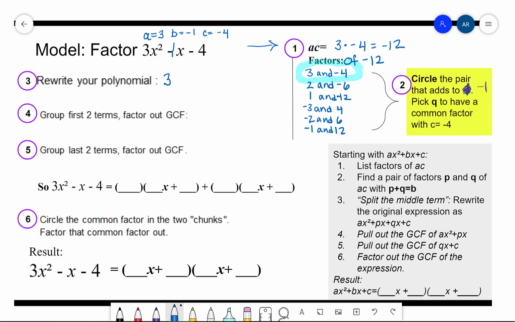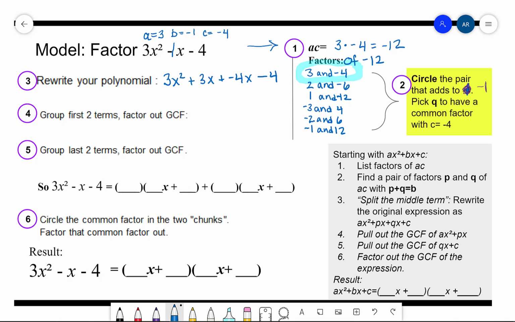So I'm going to rewrite it as 3x squared plus 3x plus negative 4x minus 4. You could choose to just write this as minus here. I think sometimes it's easier, though, to leave the negative coefficient on the term. Now, you may be asking yourself, why did I do the 3 first and then the negative 4?